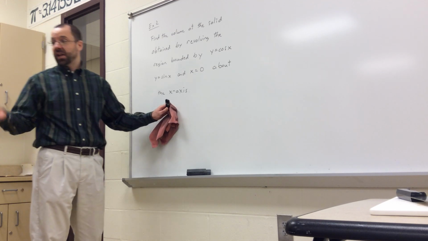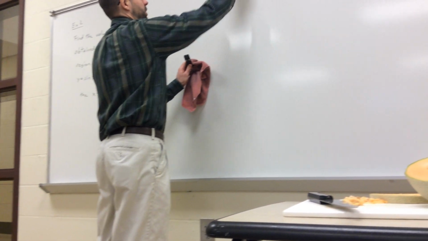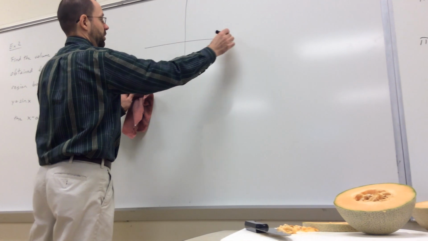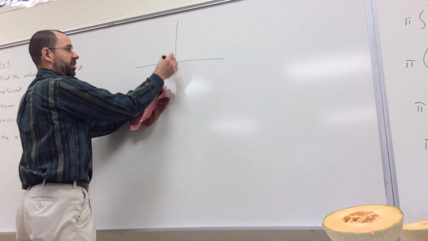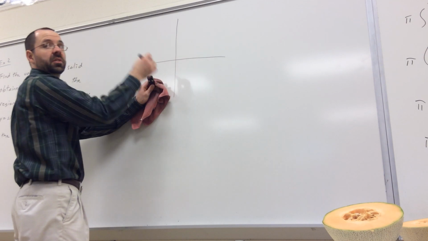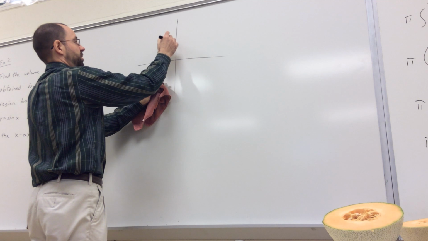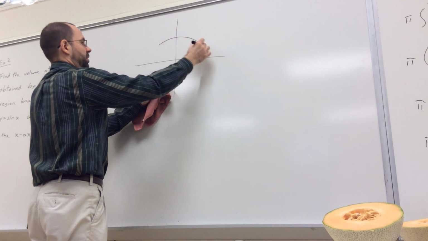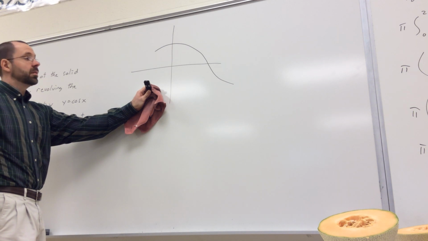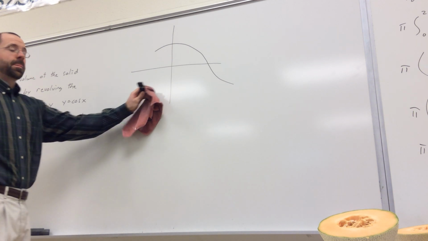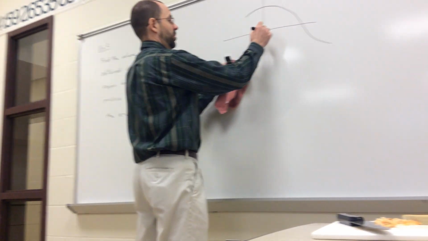So as always, we've got to get the bounded region first. So we have to graph y equals cosine x. Does cosine start up here or down here? Cosine starts up, right? Because the cosine of 0 is 1. So that's the graph that is up here and then comes down. And then sine of x starts at 0, 0.